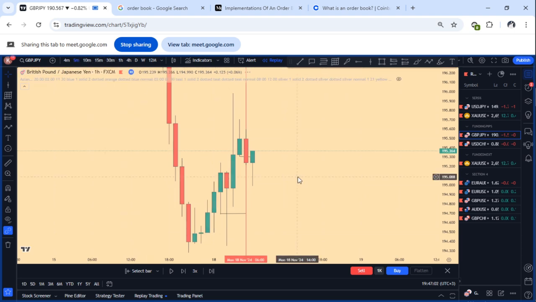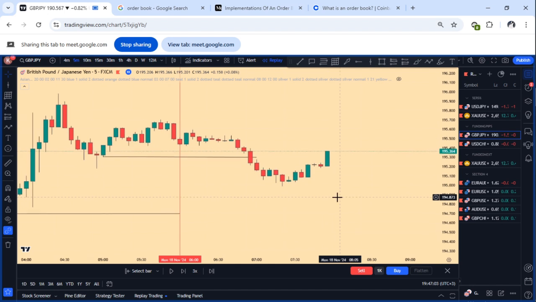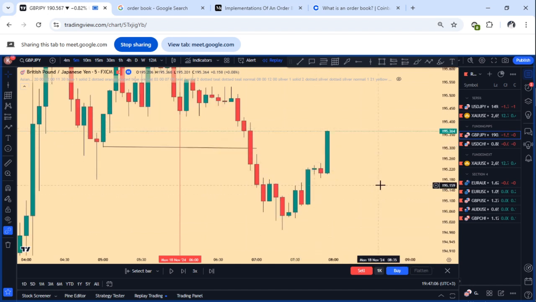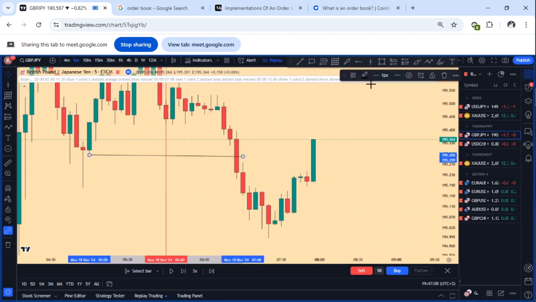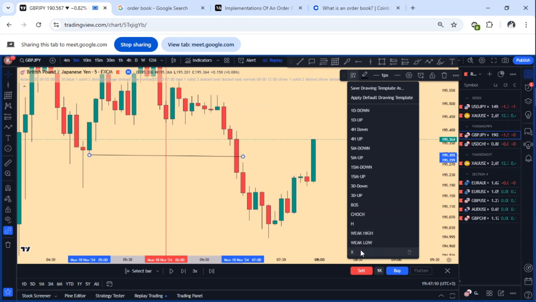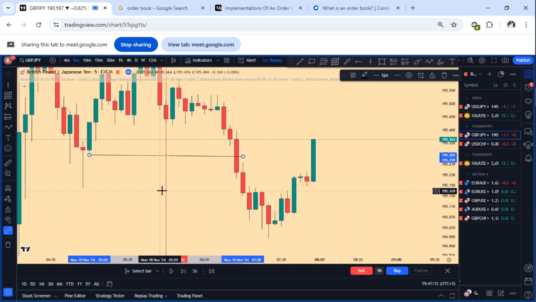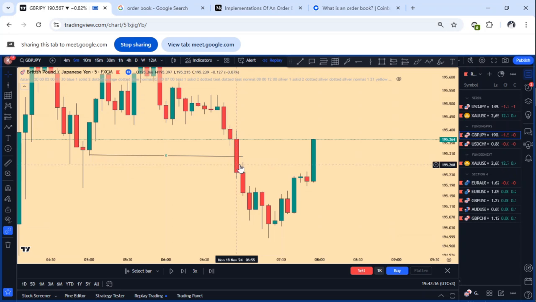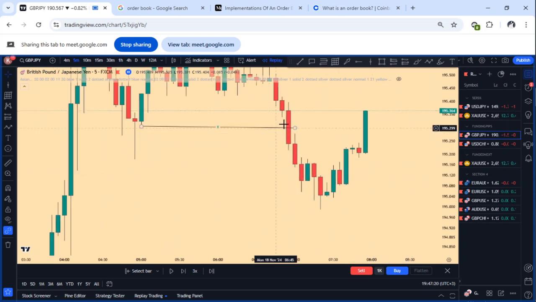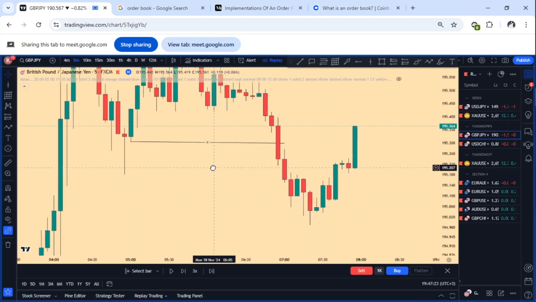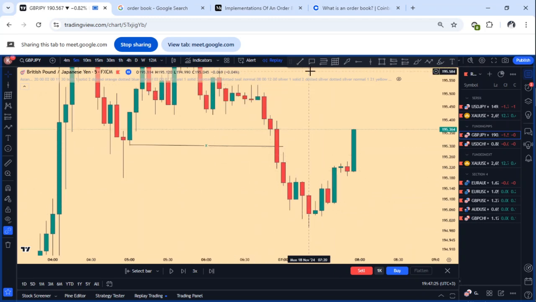So you shift to 5 minutes. This is where the raid happened. You see, the raid happened at this particular point. Then what happened? It closed below it, never wicked it, and therefore this is a low probability trade. No matter how much you take it, this is a low probability trade because it was supposed to just wick it and go inside.